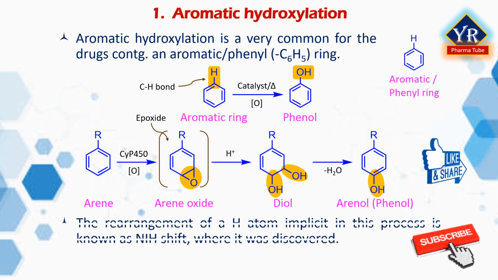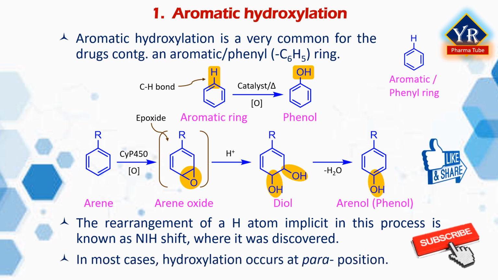The rearrangement of a hydrogen atom implicit in this process is known as the NIH shift. NIH stands for National Institutes of Health, USA, where it was discovered. It is to note that in most cases, aromatic hydroxylation occurs at the para position.